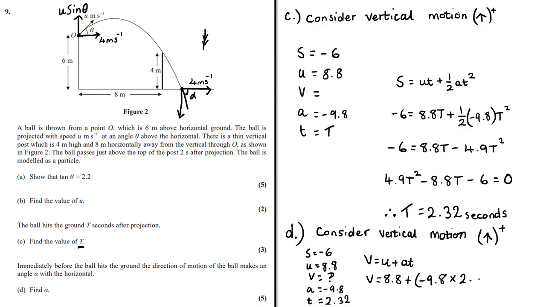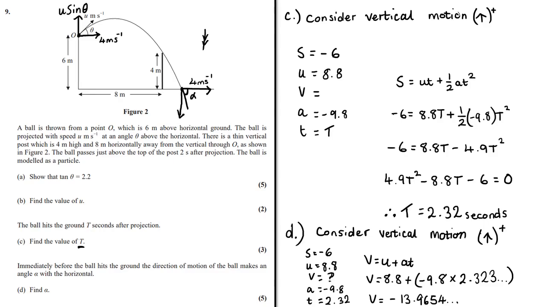Do try and use as much accuracy as you can here for the value of T. And if we evaluate this, what we get for V here is minus 13.965, and so on. And it's no surprise that V is negative here, given that we took upwards as positive and this is going down. That makes sense that we get a negative answer.